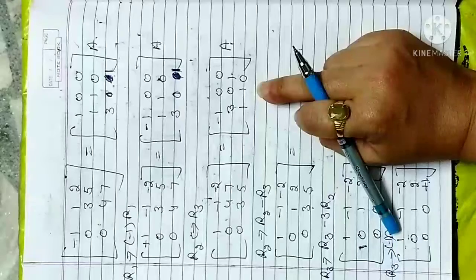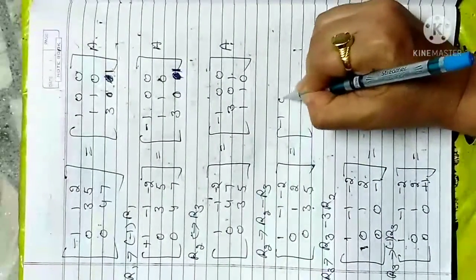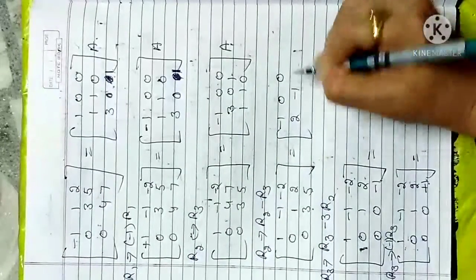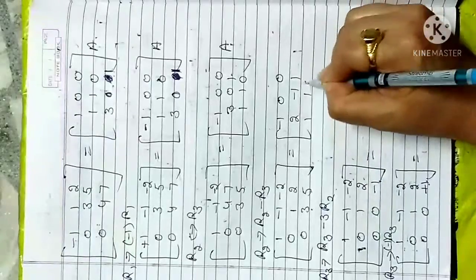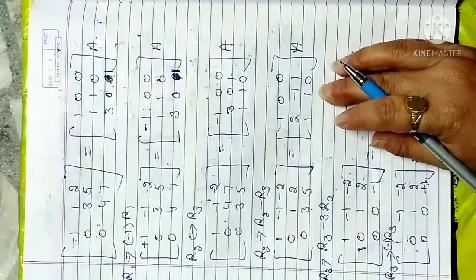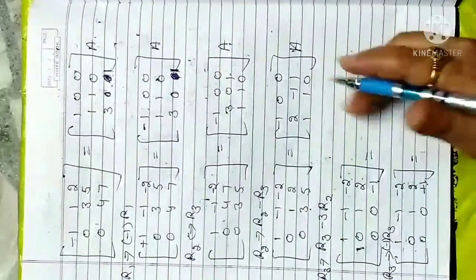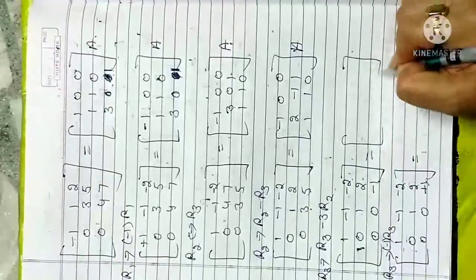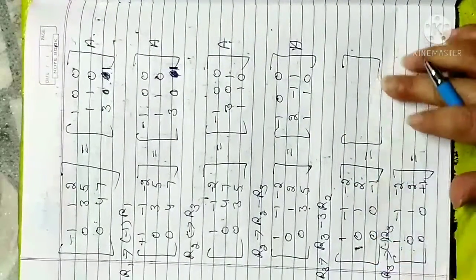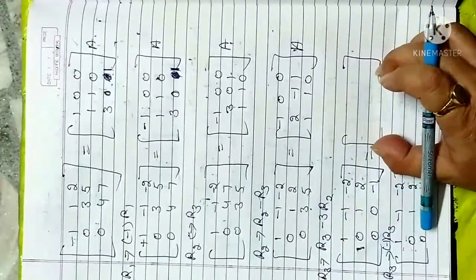Now I go with row 2 minus row 3, so that gives me minus 1 0 0, 2 minus 1 1, 1 1 0, and A. Because when we subtract row 2 minus row 3, that gives me 1 1 0. Firstly I try to make the left side the identity matrix, then I move here to apply the same operation on the right side.